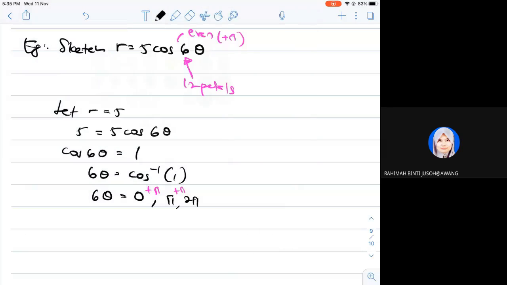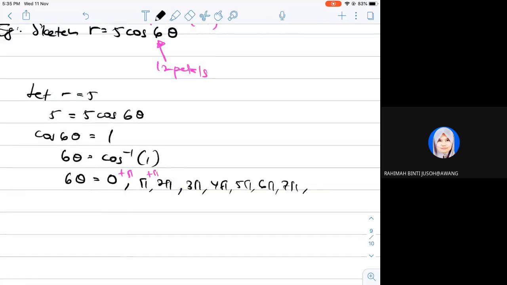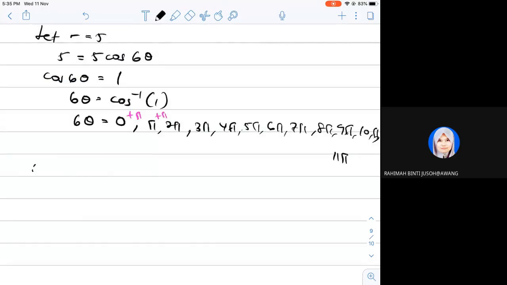Until how much? 3 pi, 4 pi, 5 pi, 6 pi, 7 pi. It's long. 8 pi, 9 pi, 10 pi. Lastly 11 pi. Then it makes 12. 1, 2, 3, 4, 5, 6, 7, 8, 9, 10, 11, 12. Yes, up to 11 pi.